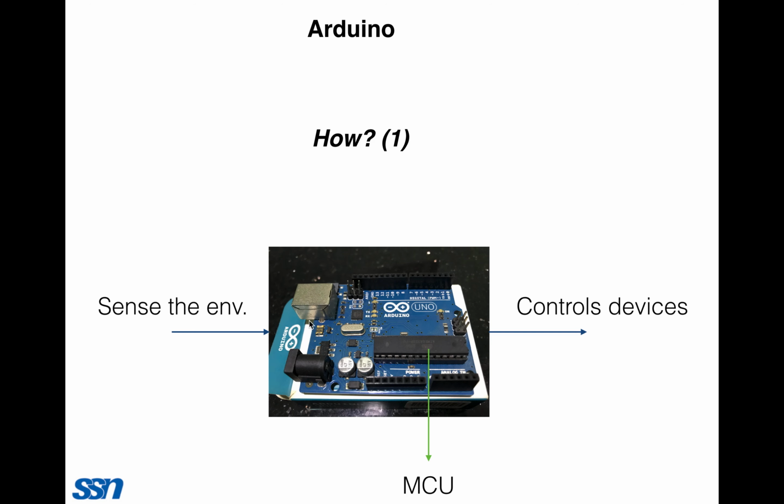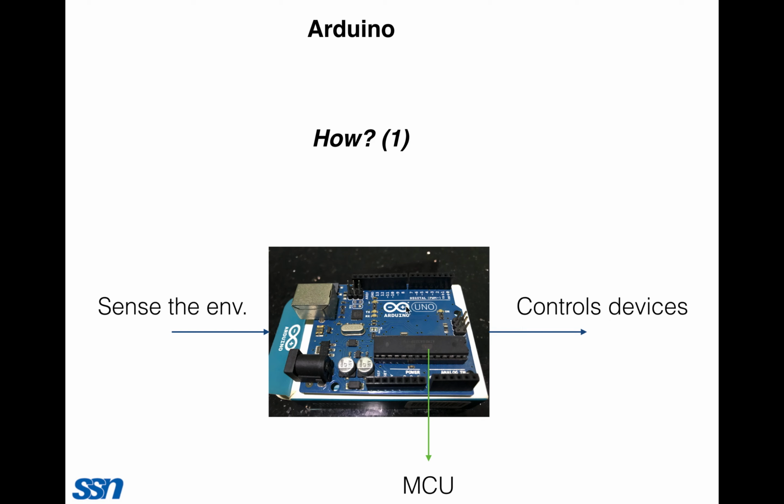That is the main functionality of such a board, by making use of the pins on the sides that we can see here. These pins are called GPIO pins. We'll talk about these pins and how to get connected, how to get started, and make use of them to do some interesting stuff later in the how part. So at the high level, this board senses the environment, and as the output it controls the devices.